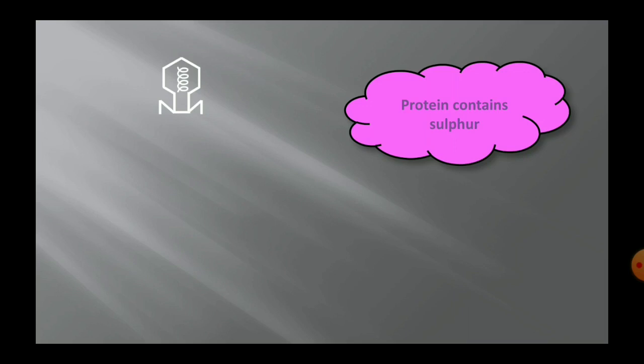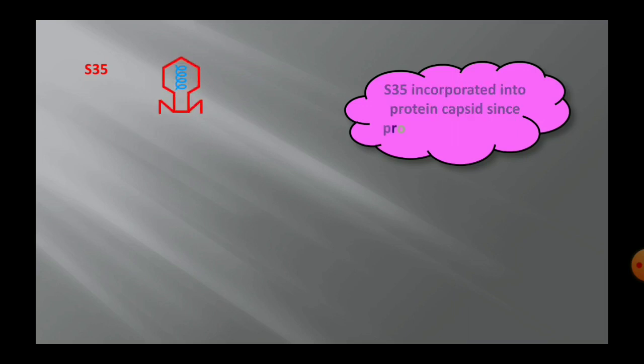In the first media, they grew T2 bacteriophage in a medium containing sulfur 35, and this sulfur 35 is incorporated into the proteins. You already know that the protein contains sulfur but not phosphorus. So S35 is incorporated into the protein capsid.